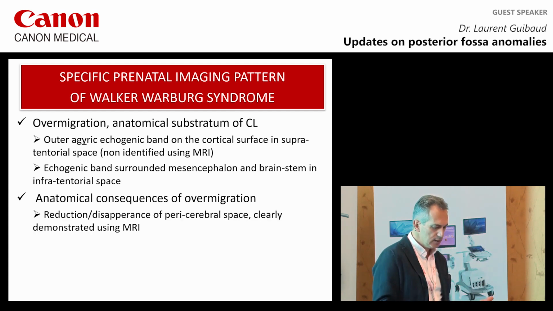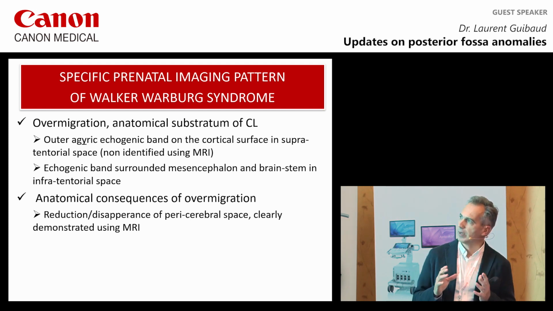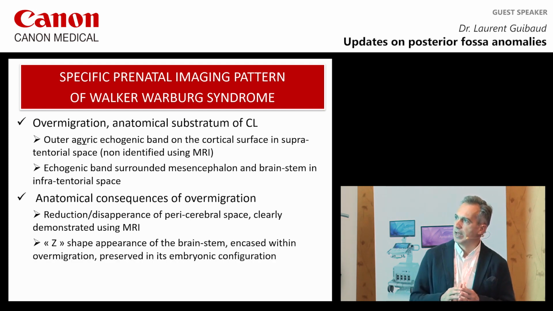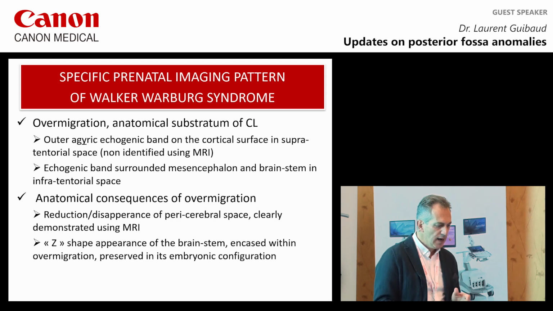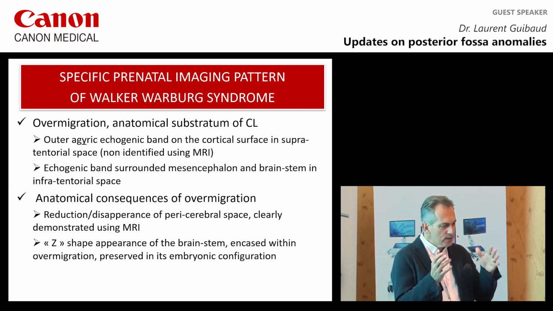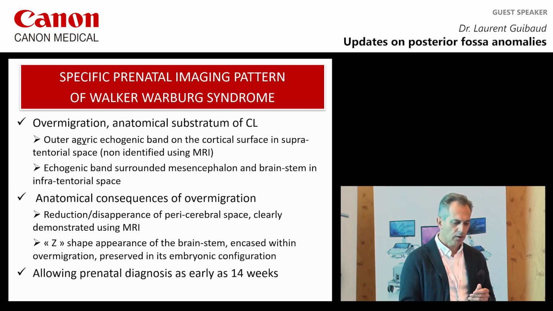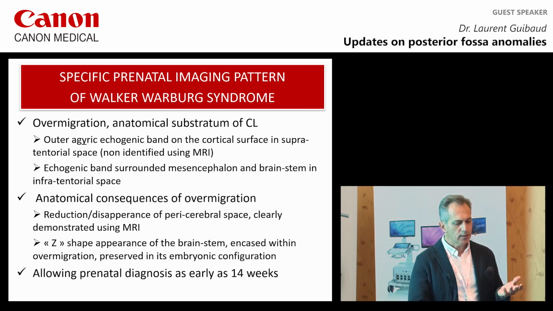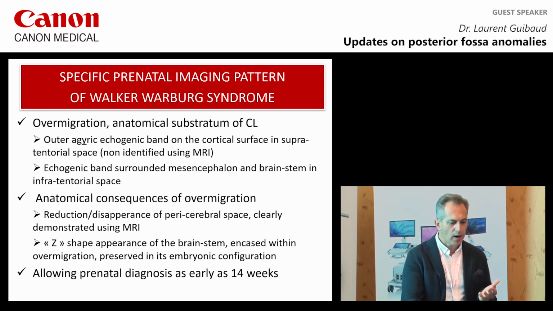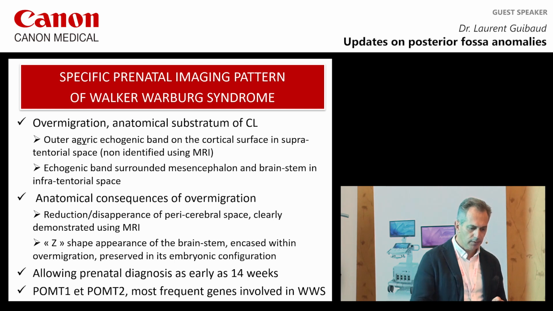The consequence is the reduction or disappearance of the supratentorial space, clearly demonstrated using MR, and the Z-shape appearance of the brainstem encased within overmigration and preserved in its embryonic configuration. We can make this diagnosis as early as 14 weeks, as we did in the article.